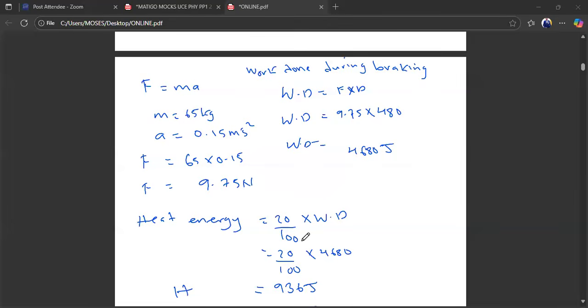When they give heat capacity, quantity of heat is given by heat capacity times the change in temperature. We only use the mass if you are given specific heat capacity. That's why they never even gave us the mass of the tire. They gave us the mass of the person, not the mass of the tire, because in this case we look at what is absorbing heat.